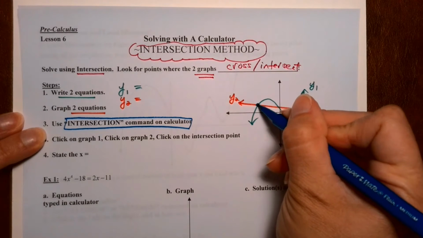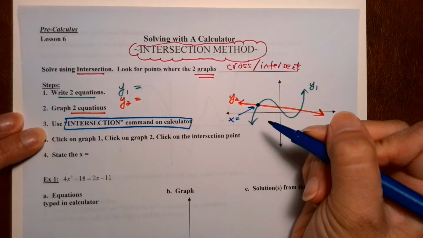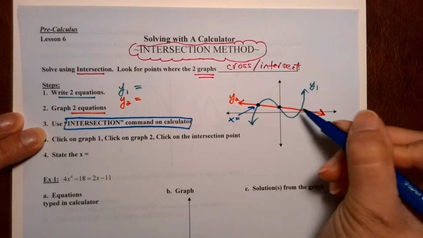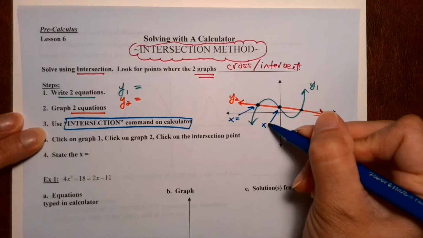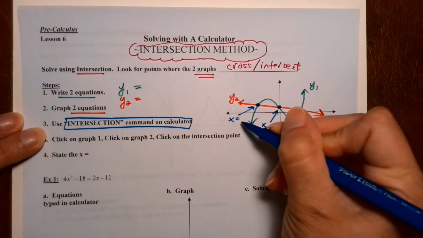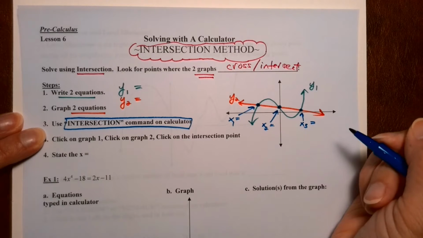This is the first intersection point, and when I get that point, we're going to have x equals. Now there are three, and so you're going to have to help the calculator out just a little bit. Here is going to be x number 2, and then the third solution, x equals, is right there.